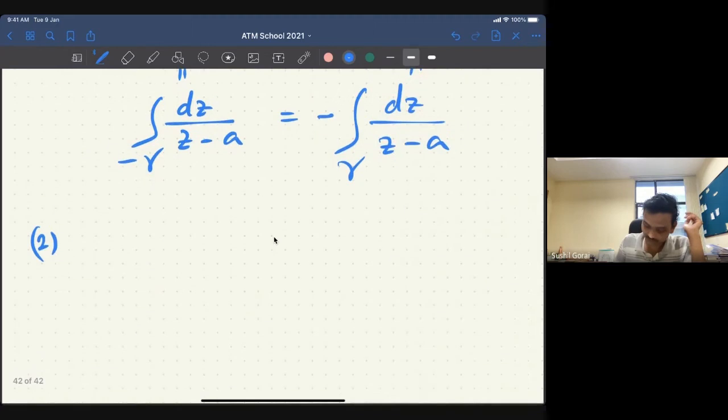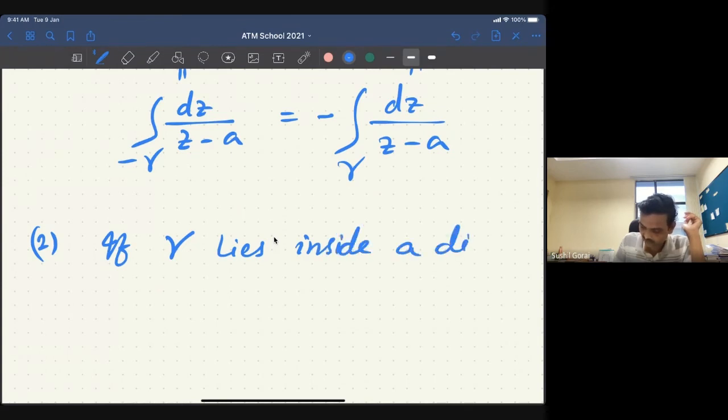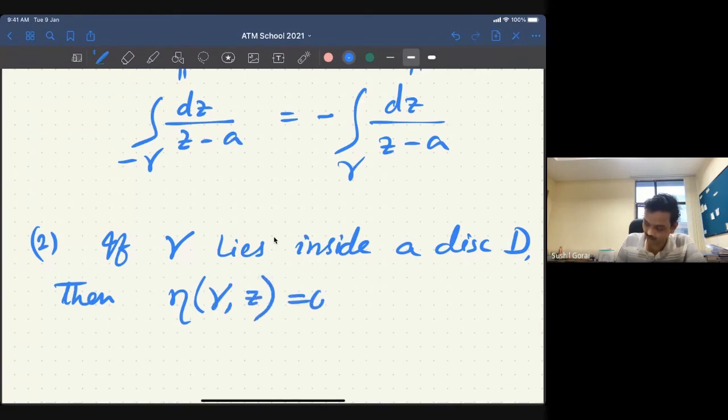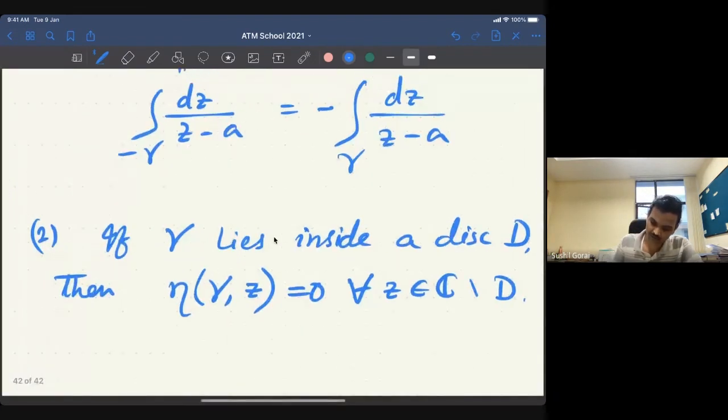Second, if gamma lies inside a disk D, then the winding number of gamma about z equals 0 for all z in C minus D. The picture is as follows.